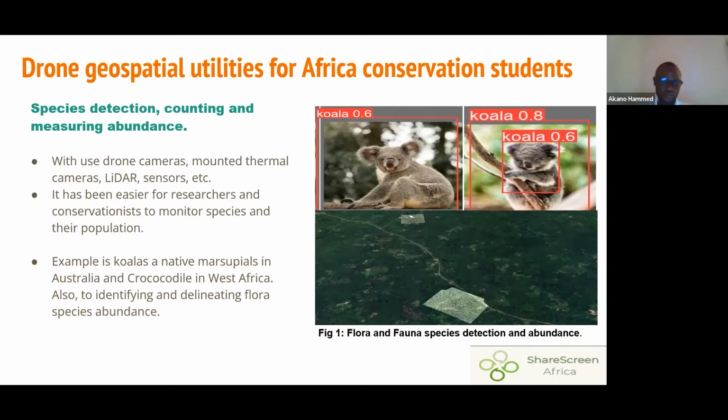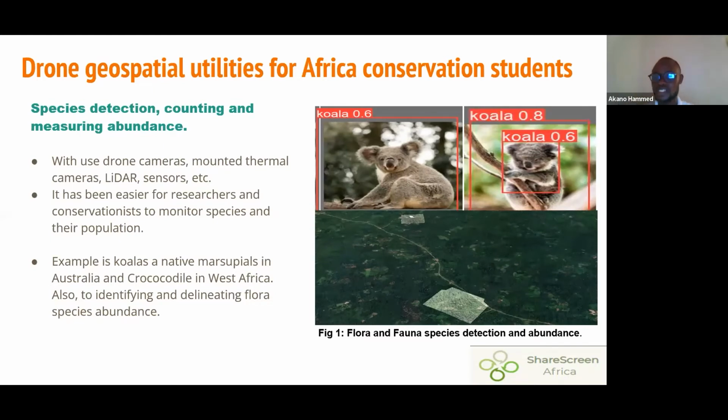For example, a koala, which is a native marsupial in Australia. What I did was get a lot of images, in which I integrate machine learning and a deep learning approach, which is AI. So I integrate artificial intelligence techniques.